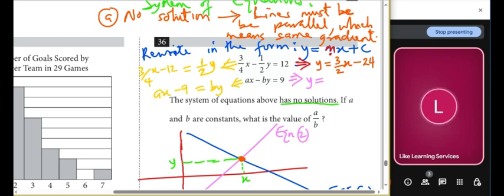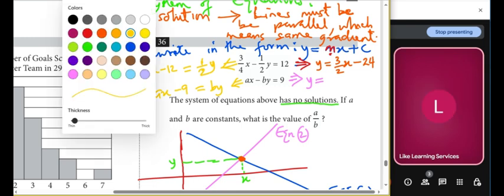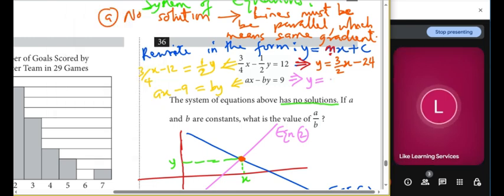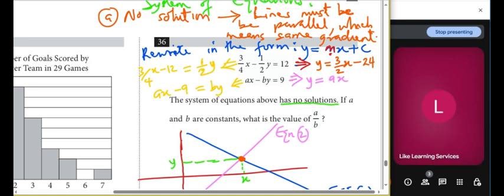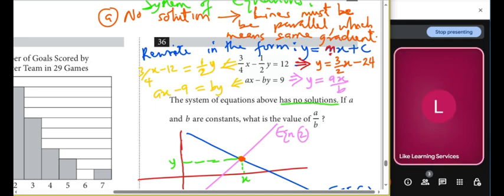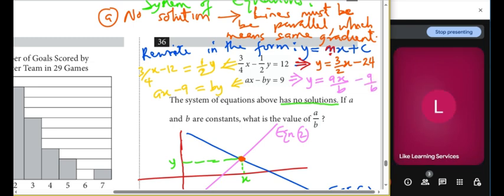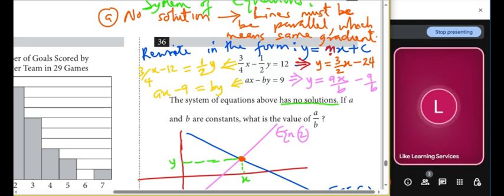And then it turns out that y is equal to ax over b minus 9 over b, as I'm dividing both sides by b. Am I right? Yes. So a over b is 3 over 2, because they must have the same gradient.